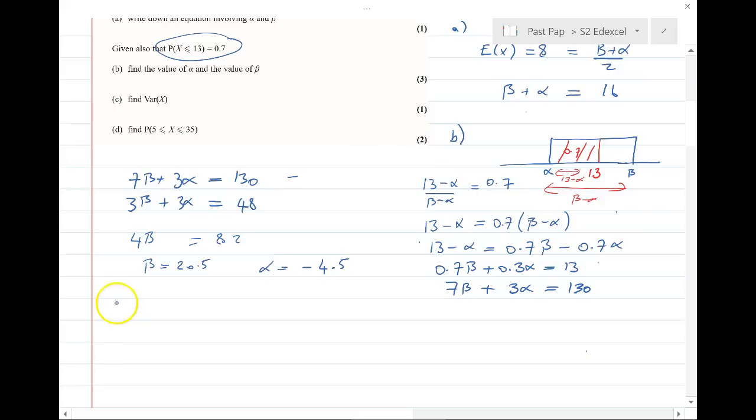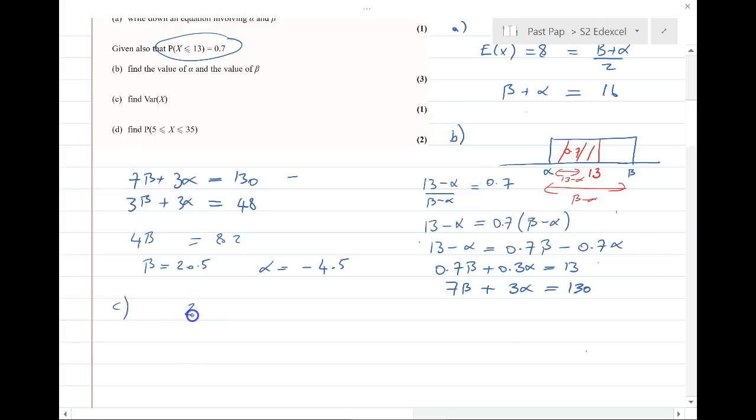Okay. Part C is variance. There is a formula for variance. There's only one mark here. So there's a formula for variance which is given in the formula book for the continuous random variable. You can use the general formula for variance, but the particular one for the continuous uniform involves taking away the two values.